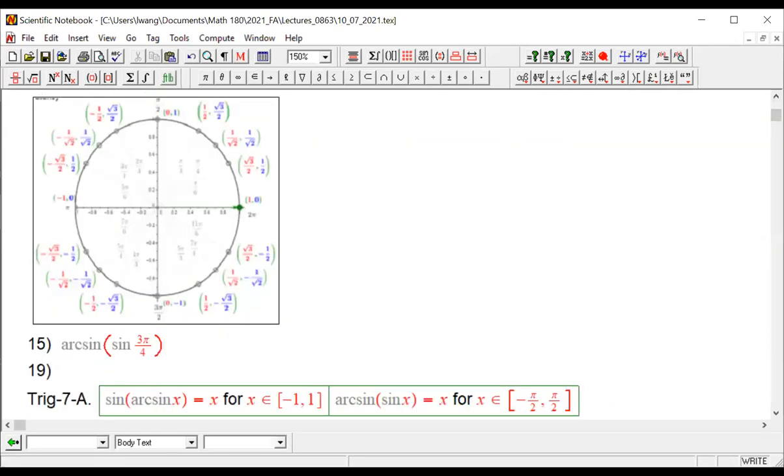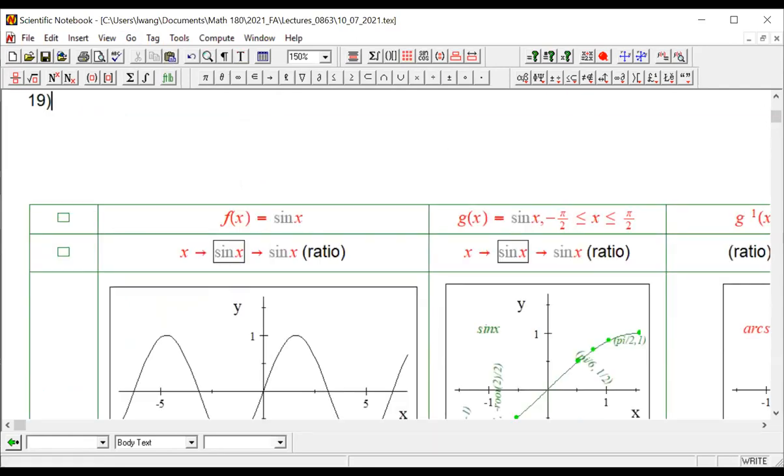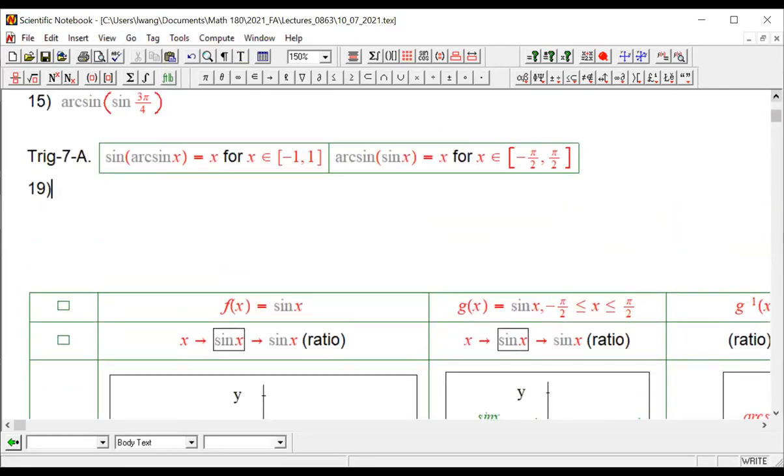What do you think? I want to say it's undefined, right? Which one? The first one. Yeah, because it's in the second quadrant of the unit circle.